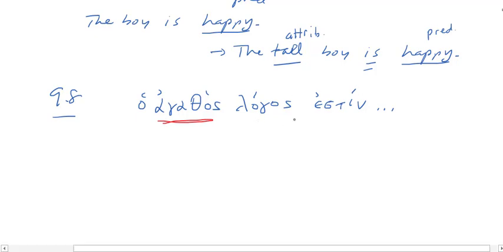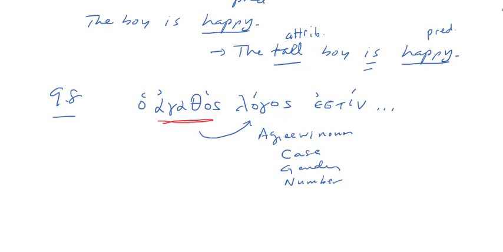Now, notice that whenever an attributive adjective occurs in Greek, it is going to be accompanied by a noun. And it is going to agree with that noun in 3 ways: case, gender, number. What are my case possibilities? Rattle them off. Nominative, genitive, dative, accusative. Okay, gender possibilities. Masculine, feminine, neuter.